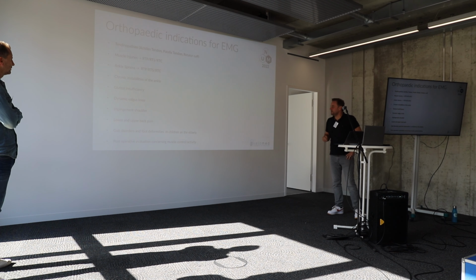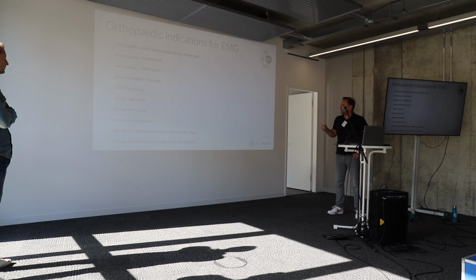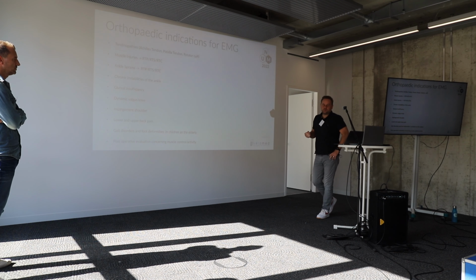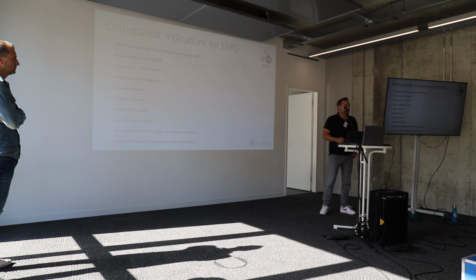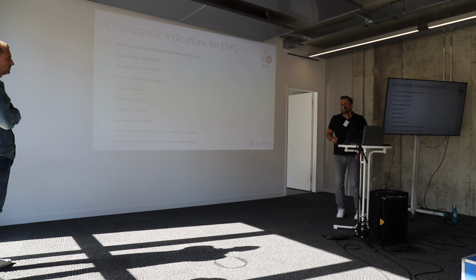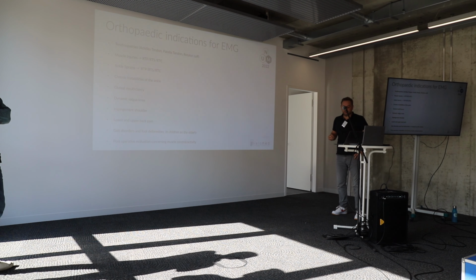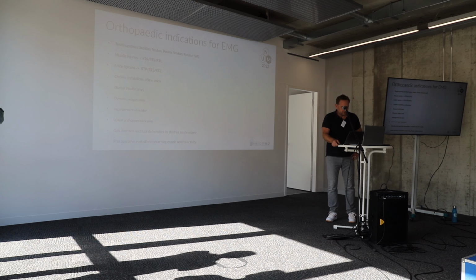Dynamic valgus of the knee, impingement of the shoulder, lower and upper back pain, and gait disorders, and as a tool before and after surgery, to get a good functional look at when they can be back on the court.